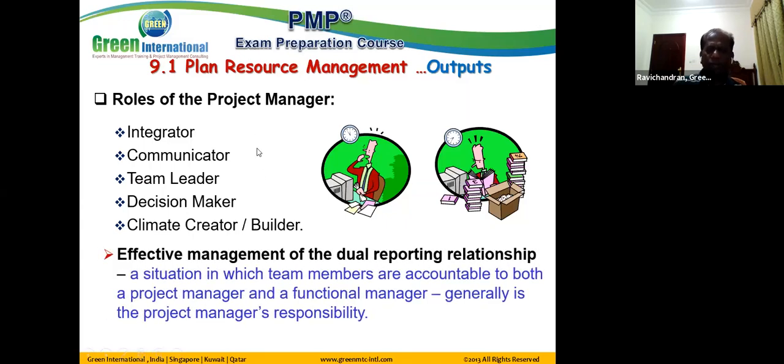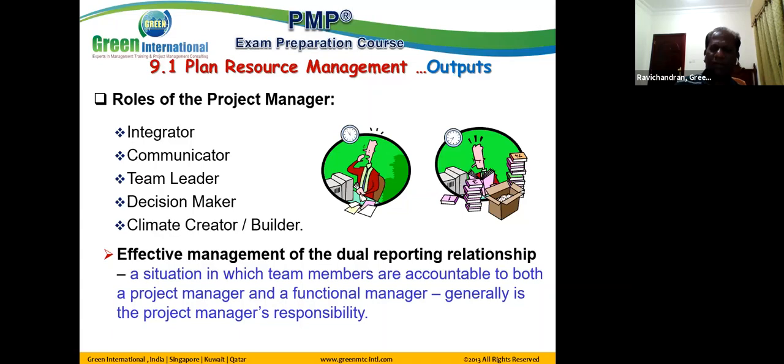Of course, when it comes to the management of the relationship between the members and our project manager, some of the team members may be working in multiple projects. Sometimes they may be working in the department as well as in the projects. That means they are under a dual reporting relationship.